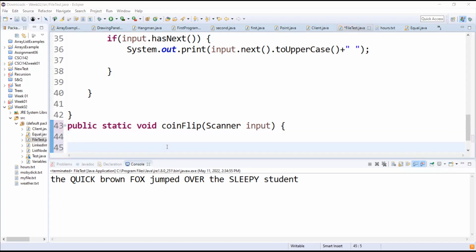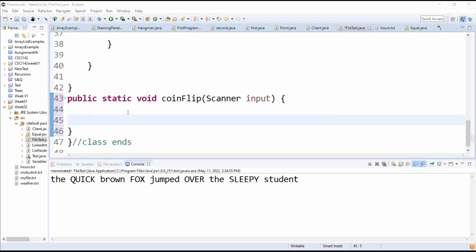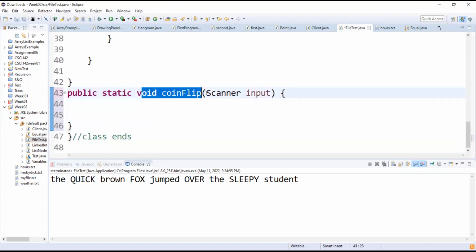Okay, now what is our next step? We have this CoinFlip. This scanner is holding a file, and this input object is referring to a file with head and tail situation. We are looking for heads. We are going line by line. That's the one thing we need to check.